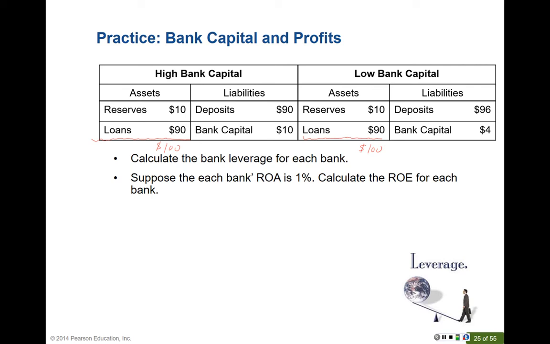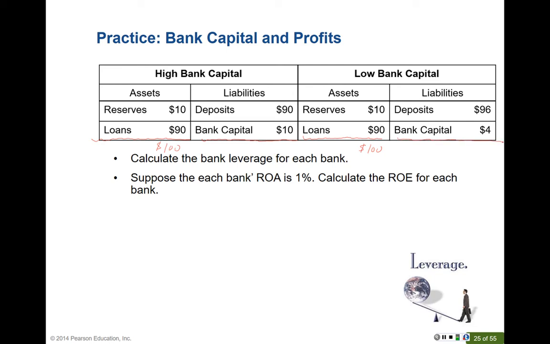What about the liability and the bank capital side? For a high bank capital, $90 comes from the deposit and $10 comes from the bank capital, which means the $10 comes from the shareholders' money.